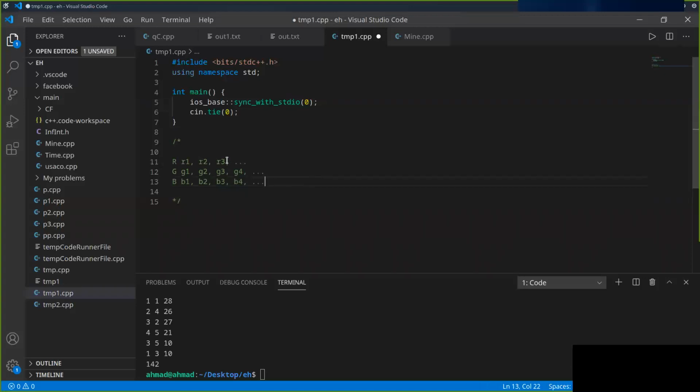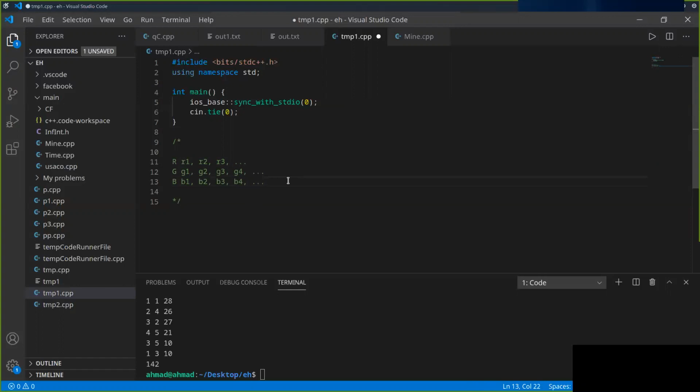So let's reverse sort these arrays, so that R1 is greater than or equal to R2, which is greater than or equal to R3, and so on. Now we are saying that it's optimal to take the first elements. So I could take R1 with B1, or R1 with G1, or B1 with G1. There are many possibilities, right?